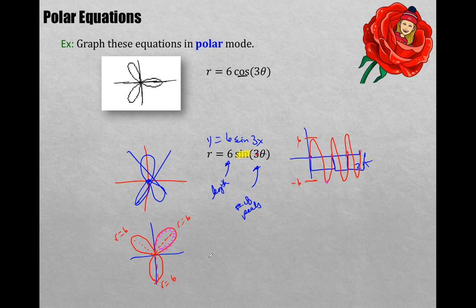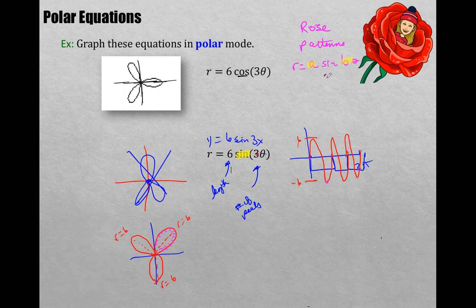Cool. All right, so we've started to establish some rose patterns. R is equal to some amplitude sine, I don't know, let's call this B theta. And again, remember that A is going to be the length of your petal, and B is going to be the number of petals that you have.